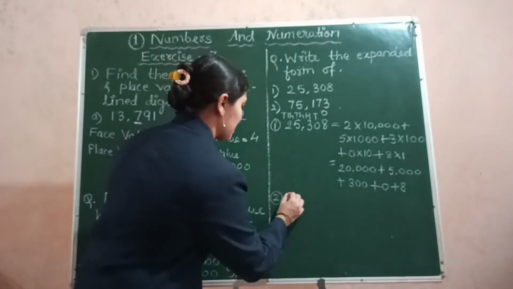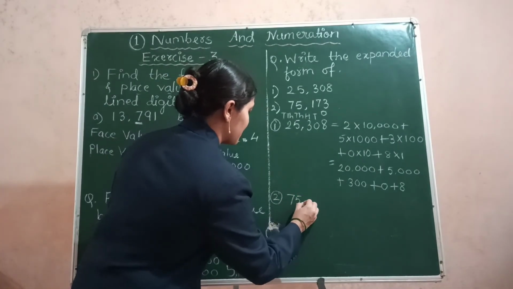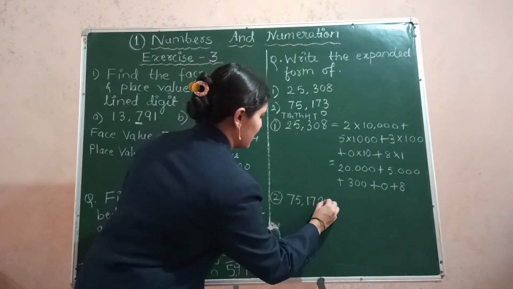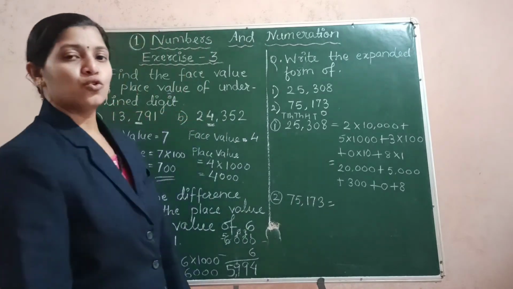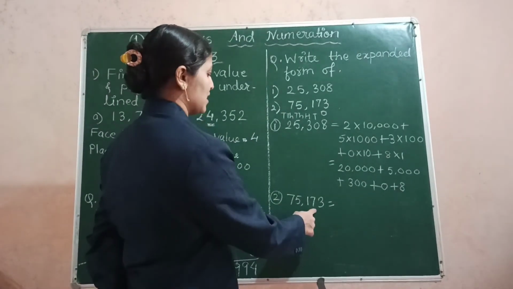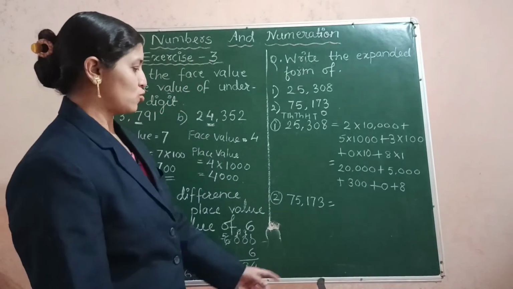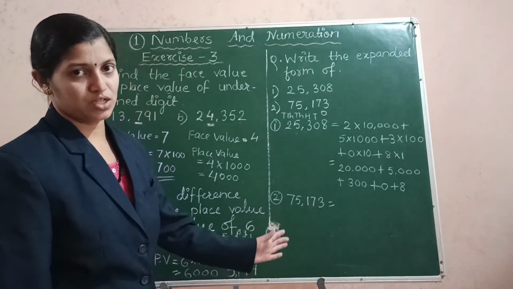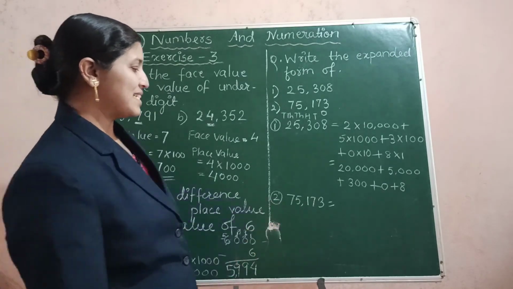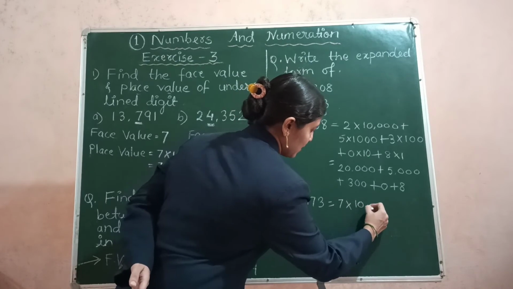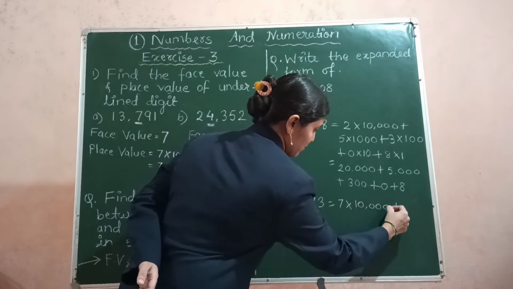The second example we will see, the number is given 75,173 and we are asked to find the expanded form of this number. You can see here this is also a 5-digit number, so ones, tens, hundreds, thousands and 10,000s. So 7 is in 10,000s place, so 7 into 10,000 we will have.